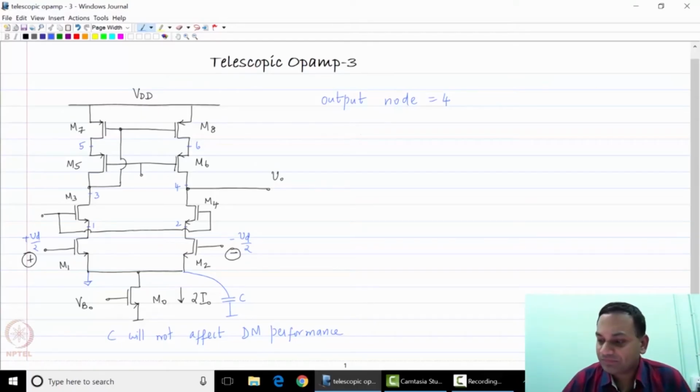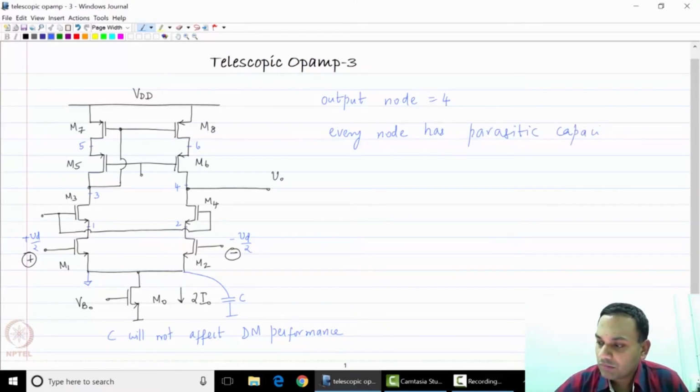So as you might imagine, every node has parasitic capacitance due to transistors being connected to those nodes.